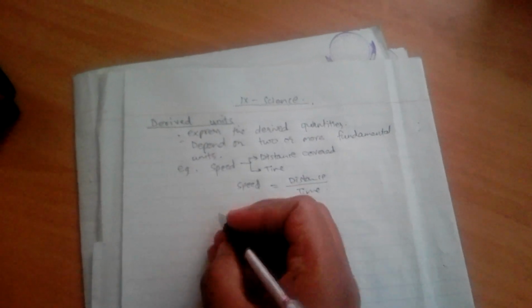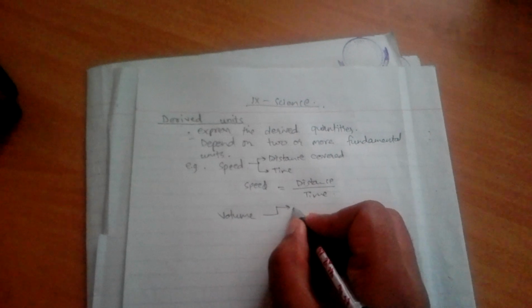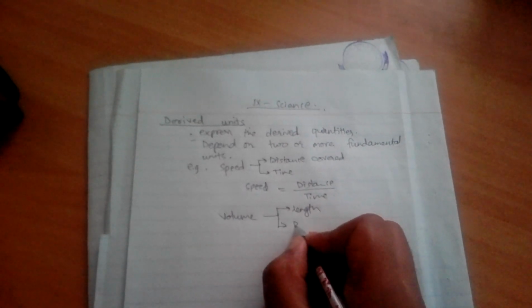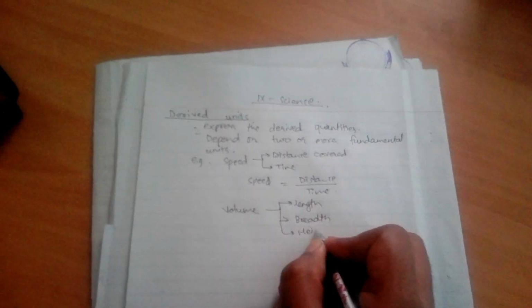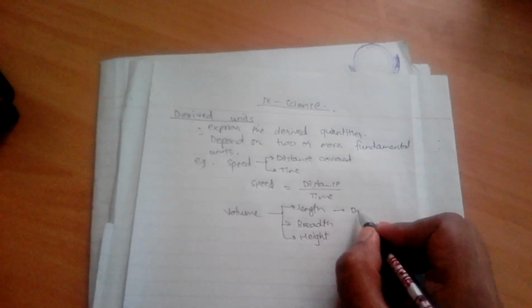Let me get to another example, and that is volume. You need to measure the volume of a regular object. You need to measure its length, breadth, and height. Length, breadth, and height, all of them are distance.